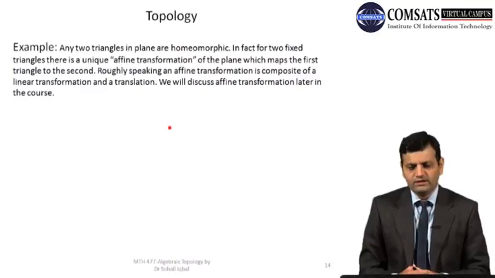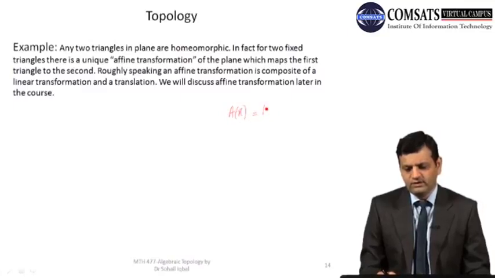We have already seen what a linear transformation is, and a translation is just adding a vector to the application of this transformation. So basically, A of x vector is equal to some linear transformation, let's say t of x, plus a translation.